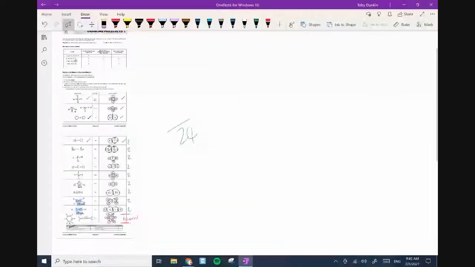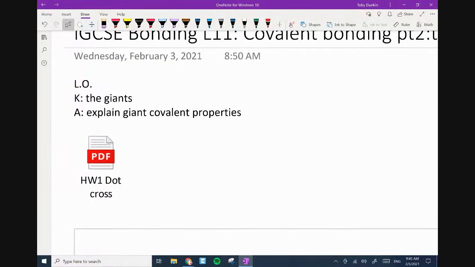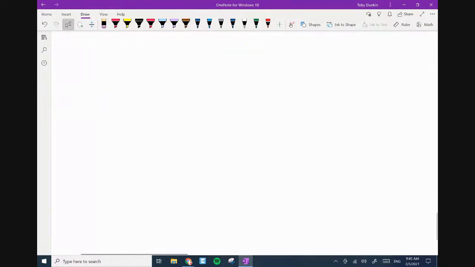Right, on to today's lesson. So, the giants. Okay, so the first thing I need to do today is tell you a very important fact about bonds. So far in terms of bonds, we have seen ionic.